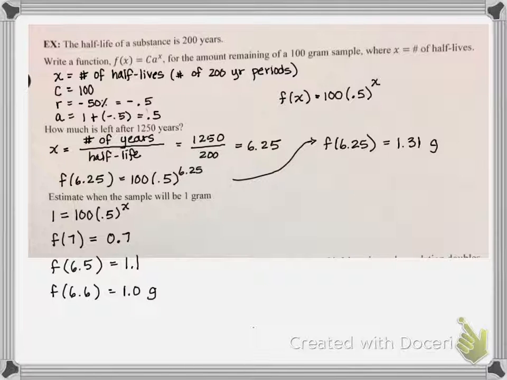So how many years will it take? How would I figure that out? Yes, that's the right idea, to multiply the number of half-lives by the amount of time in one half-life. So number of half-lives times the half-life.